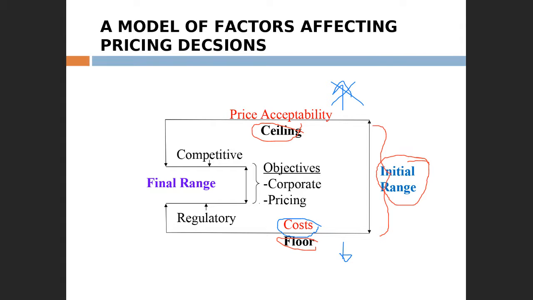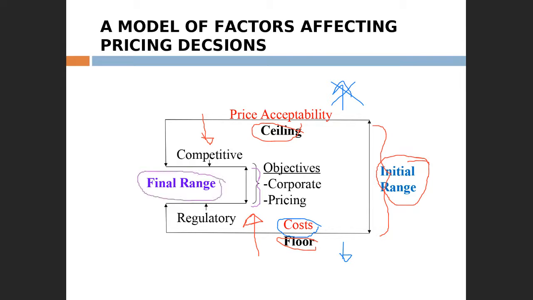Now what happens in the marketplace is that regulatory forces will push up the floor, and competitive forces will push down the ceiling. And so now you have a much smaller range within which you can set your prices. This is the final range.